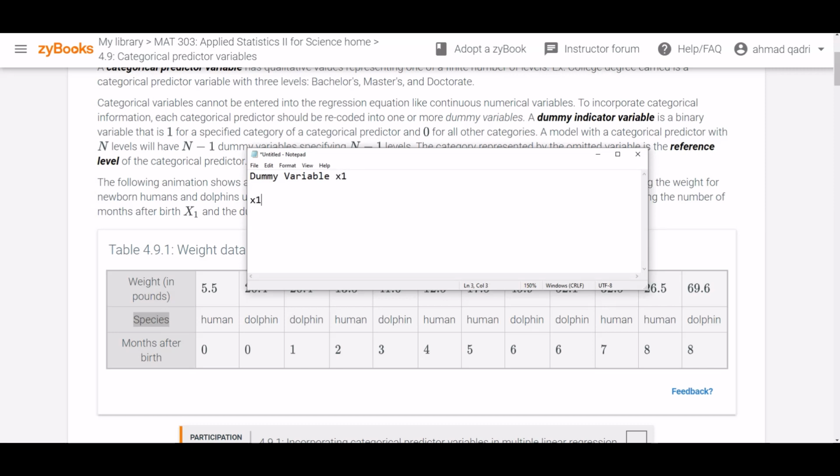And this variable will take a value of 1 if it's a human, or it will take a value of 0 if the species is not human.